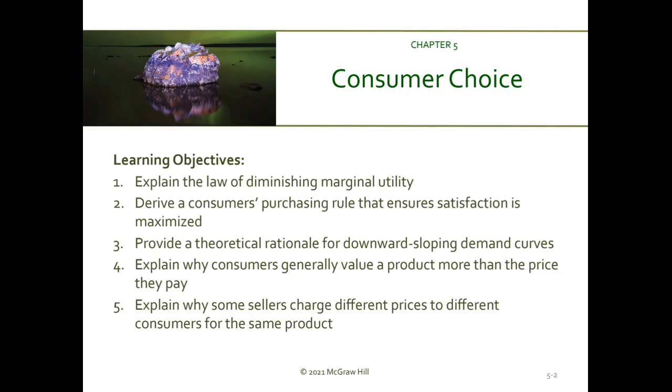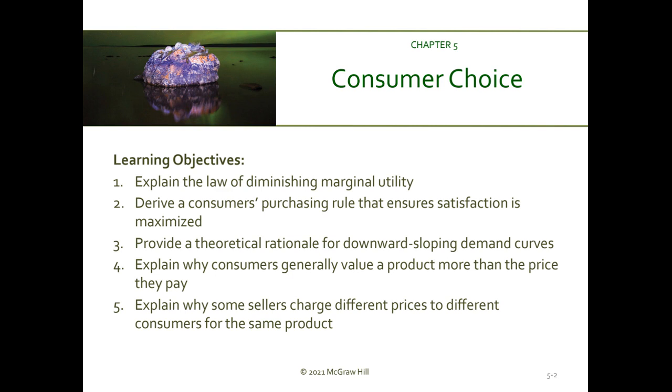These are the 5 learning objectives that we are going to achieve in this chapter. Number 1, explain the law of diminishing marginal utility. You have to understand this law because we have very similar laws in later chapters as well, for example, law of diminishing marginal productivity or marginal returns.